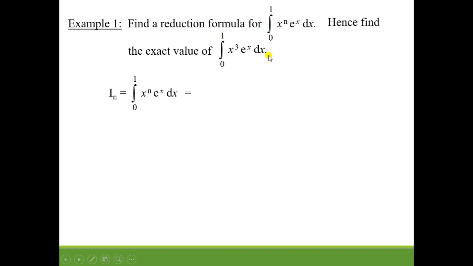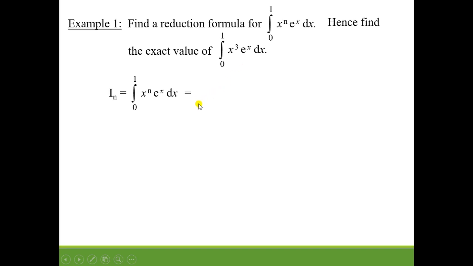If they ask for the theory, they will ask to find the reduction formula for this function, for 4 marks. And the next part, hence find the exact value of this integral, they will ask as a multiple choice question. The reduction formula is given for this function, and by using this you have to find the exact value of this integral.